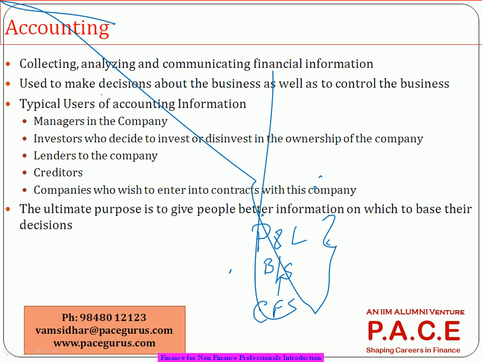Even though an audit is done and a stamp is put on it, it might still be possible that whatever is presented is wrong or unfairly presented. That's where, the more you dig deeper into analyzing these statements, the more you may be able to identify some of these accounting manipulations, right?